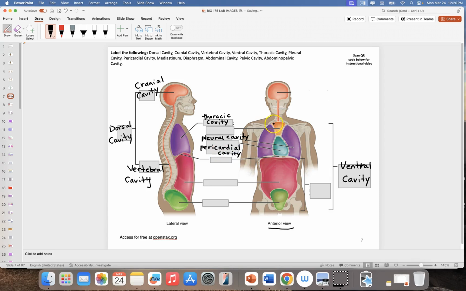Now, we also have this structure here known as the mediastinum. And that contains the trachea, the esophagus, major blood vessels, and it also contains the pericardial cavity as well.